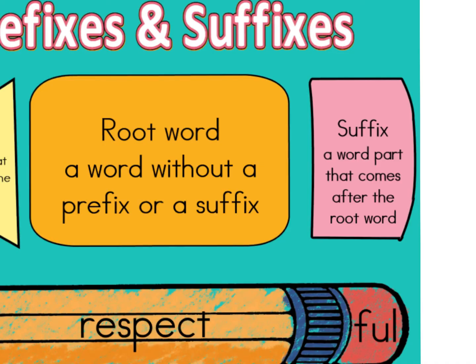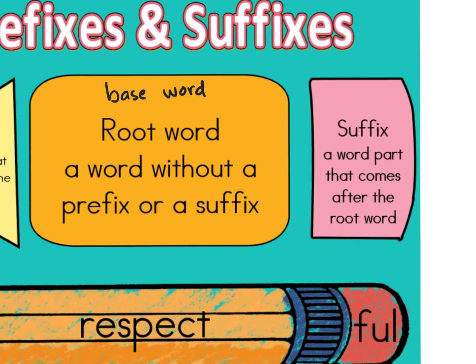Now, before break, we learned about suffixes, those couple letters that are added to the end of a root word, or also known as a base word, and it changes the meaning of the word.